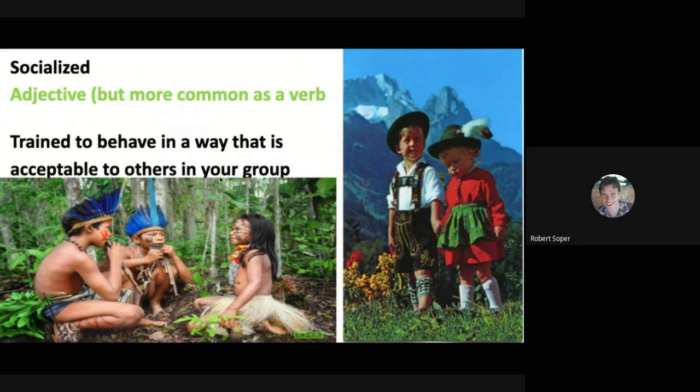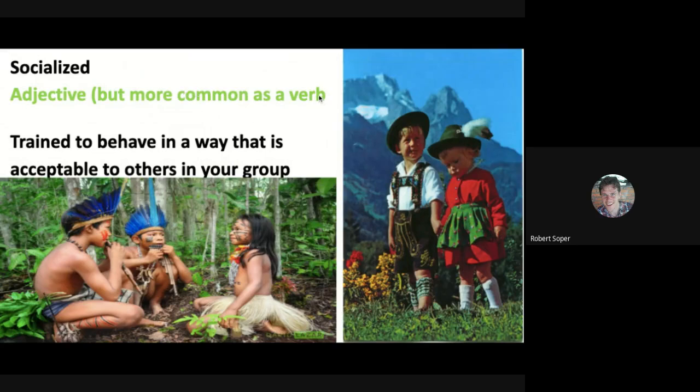So they don't do childish things anymore. They learn the rules of what it is to be an adult and they start behaving in the correct way. So, yeah, that would be a good example of how to use socialized as an adjective. Just pay attention that it's more common as a verb with a different meaning.